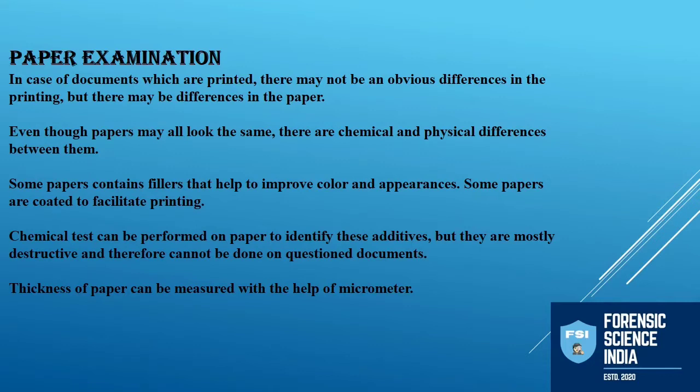But this chemical method is quite a destructive method, so it is not possible to use these kinds of methods on questioned documents. And for thickness we use a micrometer to know about the thickness of the paper. So that's all for paper examination.